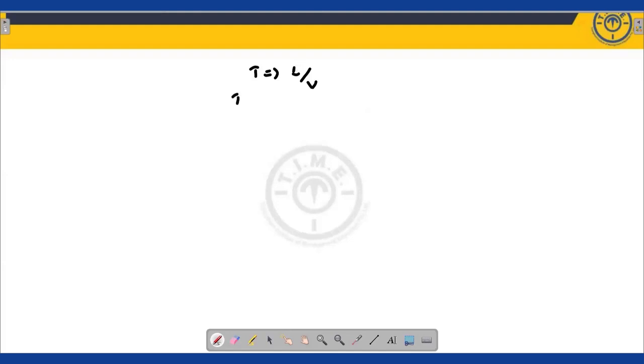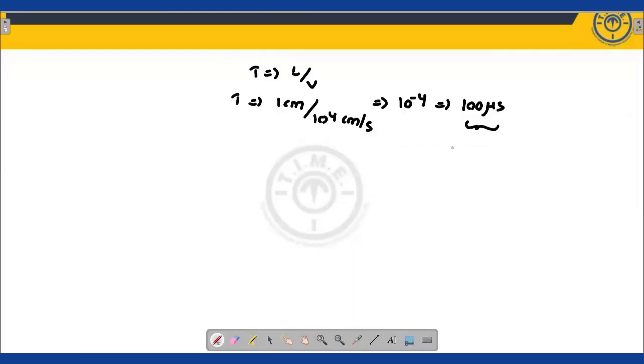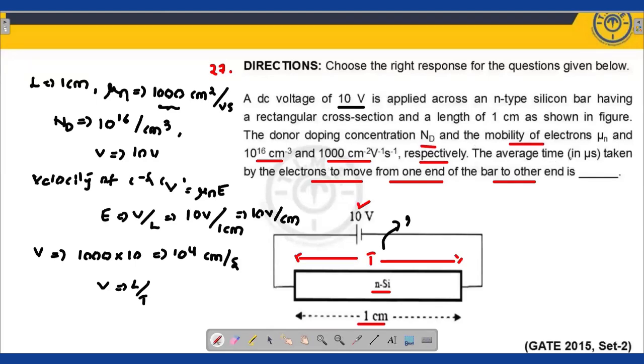Then T equal to L value 1 centimeter by velocity 10 power 4. Then you are getting this particular value equal to 10 power minus 4. Can I write this 10 power minus 4 as 100 microseconds? I will mention it like this over here. So the average time taken is equal to 100 microseconds.